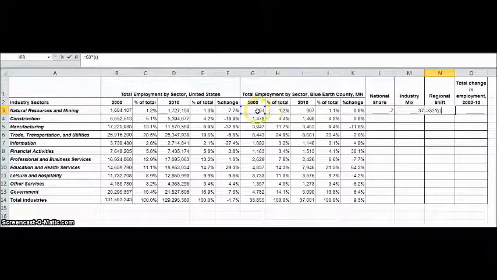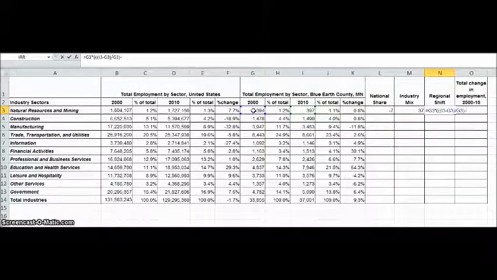So the first percentage change, you take the total employment in natural resources and mining in the county from 2010 minus the total employment in natural resources and mining in the county in 2000 divided by the employment in that industry in 2000 for the county.